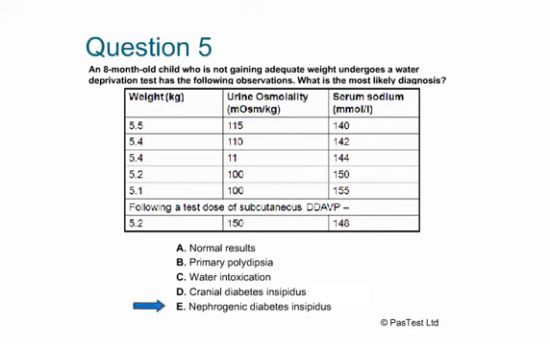You can see during the period of water deprivation, the urine osmolality remains the same, and after a test dose of desmopressin, or the synthetic form of AVP, the urine osmolality does not improve significantly. The serum sodium has been climbing through the period of water deprivation and does not return to normal after the administration of DDAVP.